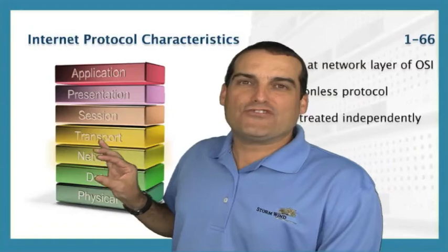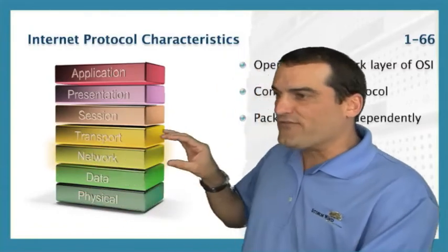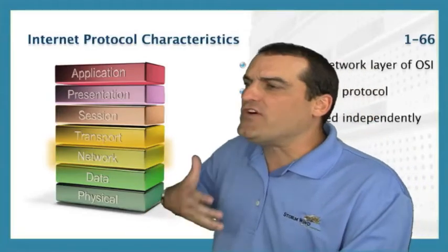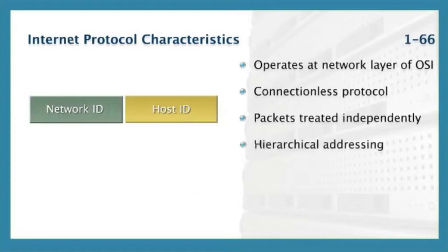I've got enough to do with just figuring out how to move traffic from one segment to another segment. I don't want to be involved with any overhead of connection-oriented communications. Packets, therefore, get treated independently.